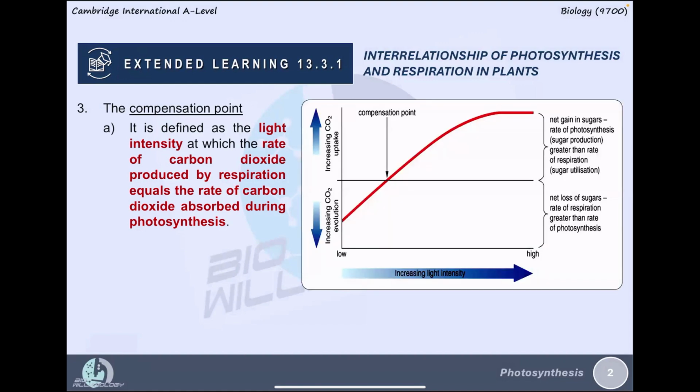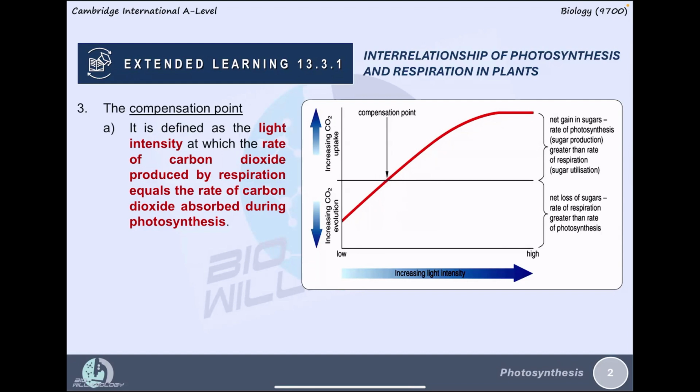Let us look at this graph. At the compensation point here, it is the light intensity where there is no net uptake of CO2 or net release of CO2.